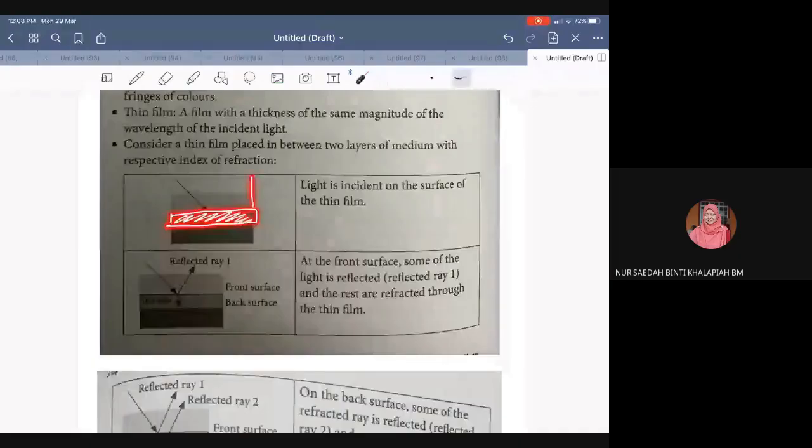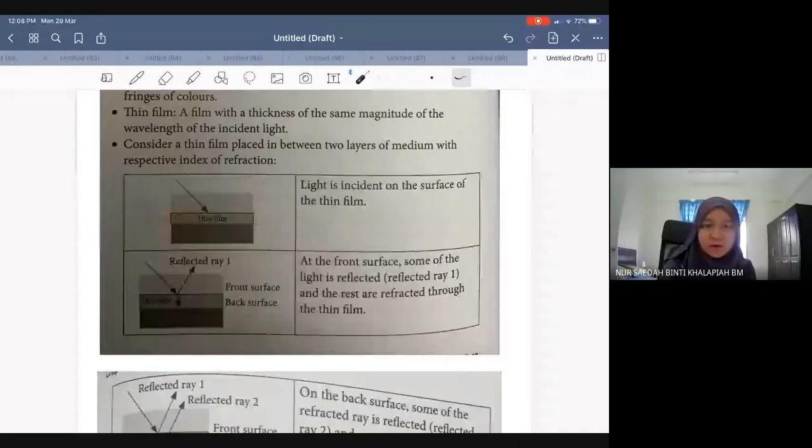Okay, so next is film dia mesti berada lapisan lah, dia tengah-tengah, thin film kita tengah-tengah. So ada first medium dekat atas dan second medium dekat bawah of the thin film. Okay, so light is incident on the surface of thin film. Contoh kalau kita punya bubble soap, so daripada air pergi ke the soap tersebut lah, soap film kita tu kan.